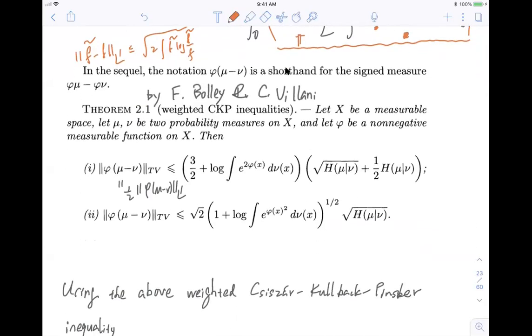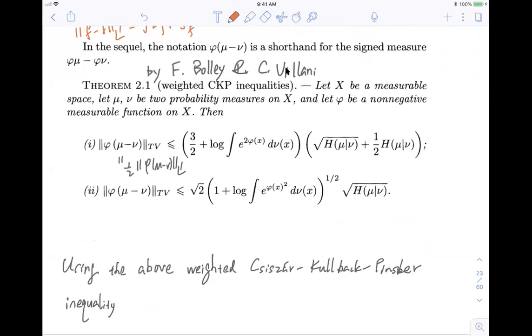Okay. So they control the following. I just apply the first inequality. Here phi is just a scalar function, and mu and nu are two probability measures. So the left-hand side is just the weighted total variation distance.